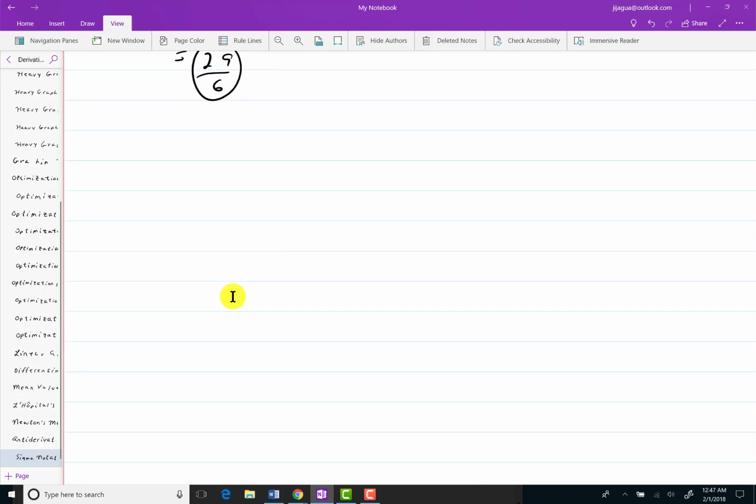And one last one. Limit as n goes to infinity, summation k equals 1 to n, 11 minus 3 times k over n, and that's times 4 over n.